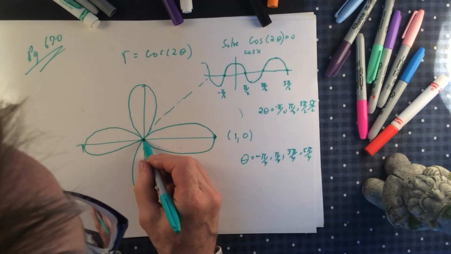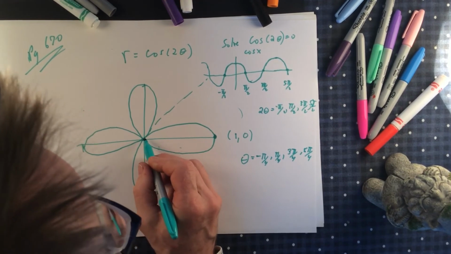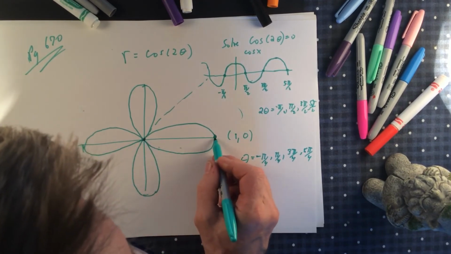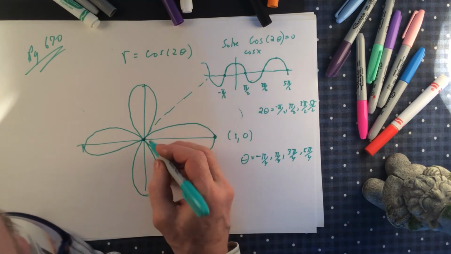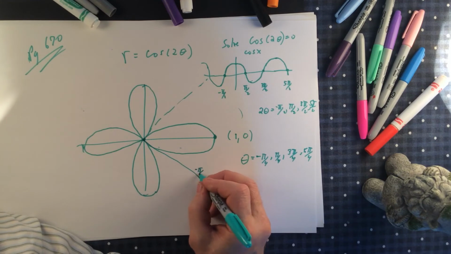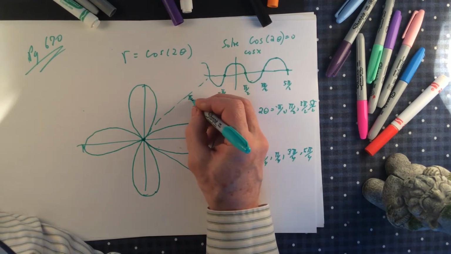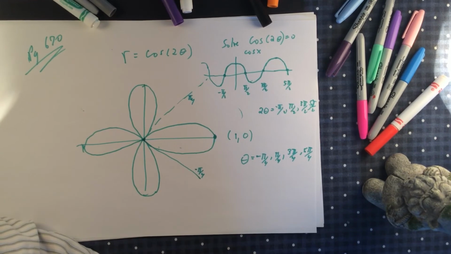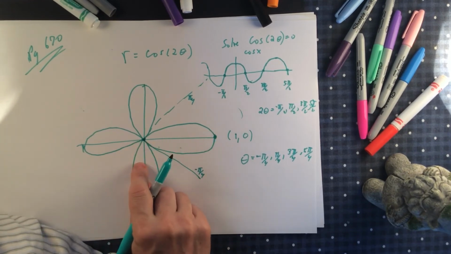So it looks like if I start at minus pi fourths, I'm here, and as I go around at 0 I reach there, and at pi fourths I'm back to here. So it seems that from minus pi fourths to pi fourths is when I create this loop. So when does this loop get created?